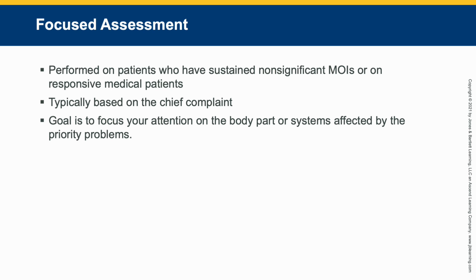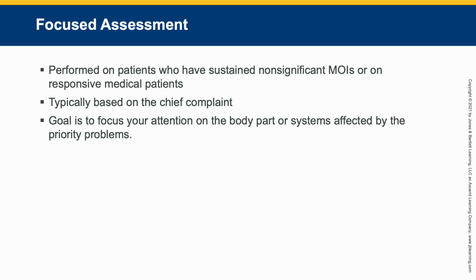Now, in some cases, a focused assessment is going to be more appropriate than that full body exam, okay? This is typically only used when the patient is conscious, alert, and has a specific chief complaint like abdominal pain or maybe a twisted ankle. In these situations, you're going to zero in on the affected body part or the system.